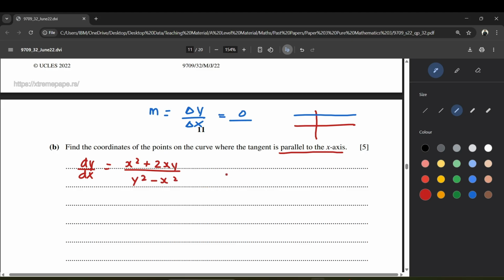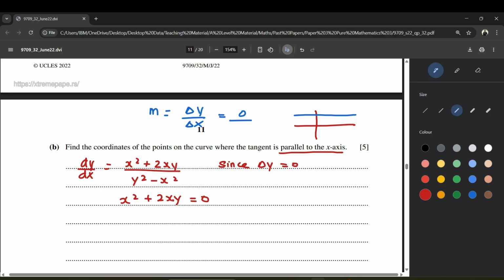Okay, so since delta y is equal to 0, we can say that x squared plus 2xy is equal to 0. We don't have to write the whole thing equal to 0 because it is this specific portion of the gradient function that is equal to 0, which is the numerator.